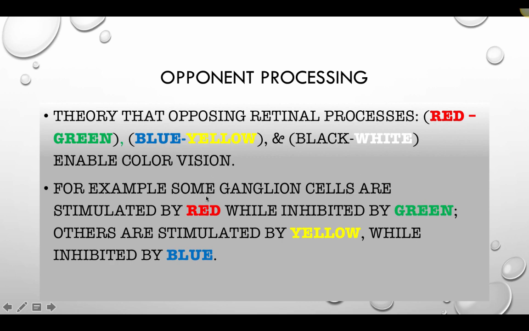So if there's more red signal coming into that pair, we will see red and green will be turned off. Others are excited by yellow and inhibited by blue, or they could be inhibited by yellow and excited by blue. So just remember the opponent pairs. You have to know these pairs: red, green, blue, yellow, black, and white.